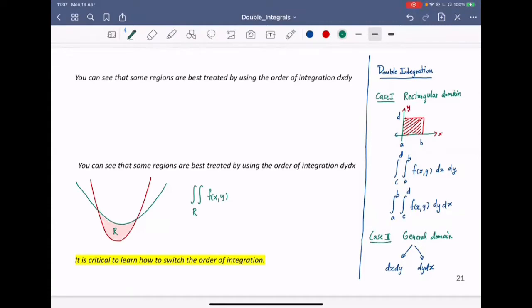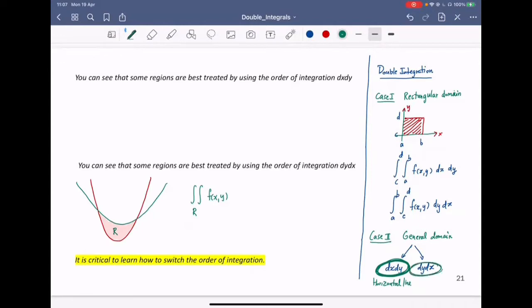If you remember from before the break, I told you that you have to look at the region first. If you pick dx dy, it means you have to integrate with respect to x first. This is the same as drawing a horizontal line through the picture and making the cut using the horizontal line.